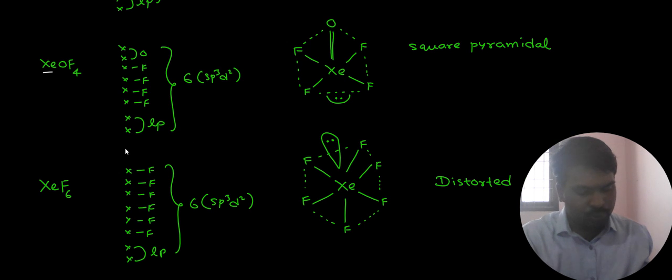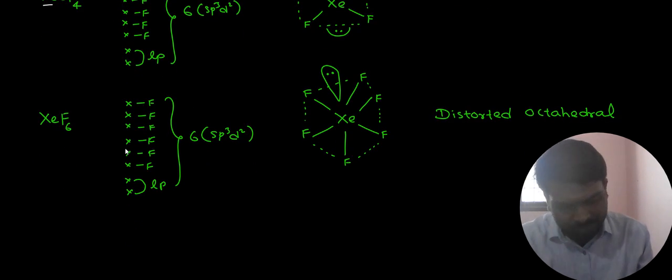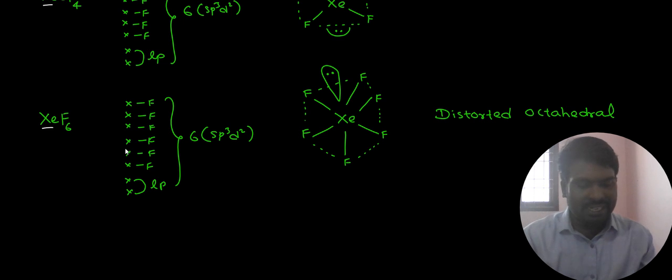Now moving to XeF6. Xenon group number, 8 electrons, then 6 fluorine atoms require 6 electrons and 1 lone pair.